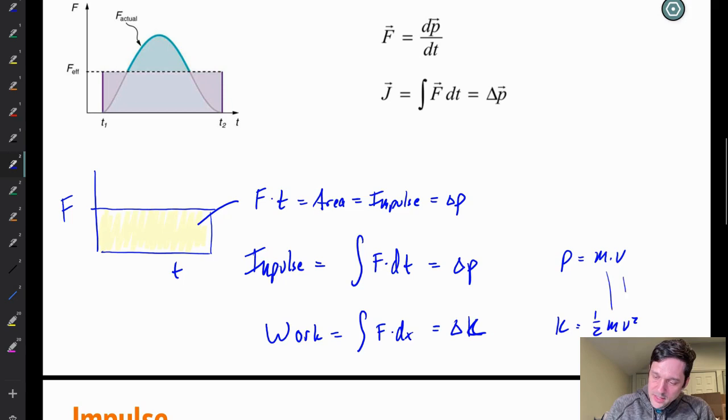So both mass and velocity are involved. We're gaining or losing some quantity, and in this case, we're talking about the momentum being gained or lost. So yeah, that is a very familiar structure, a very familiar way of looking at things, except now when we're talking about impulse, we're concerned with time changes rather than position changes.